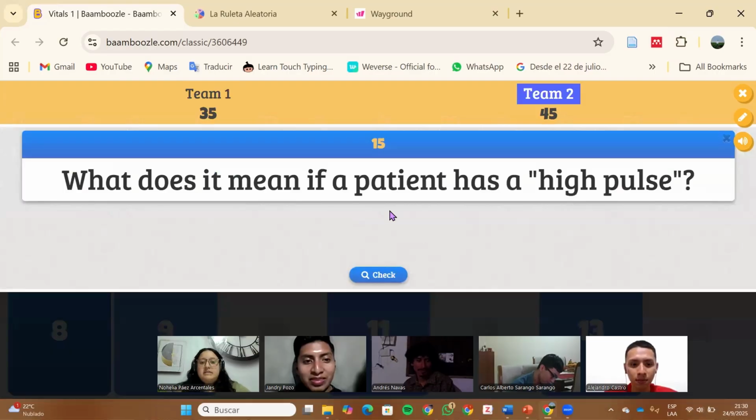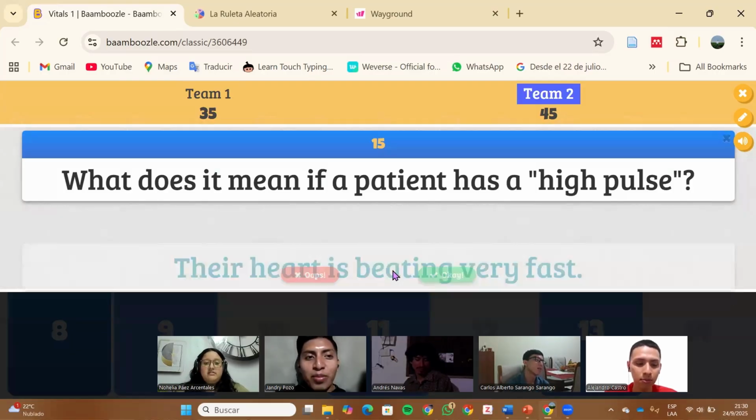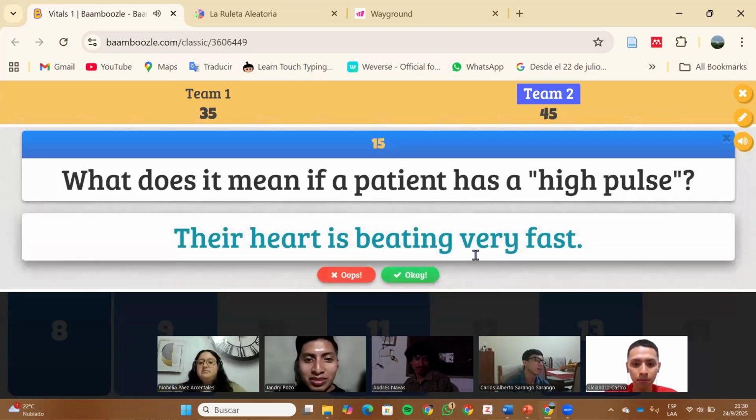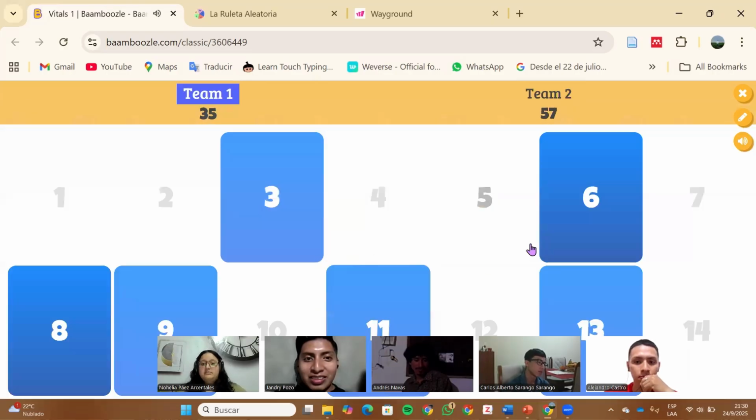What does it mean if a patient has a high pulse? For me, it means that it could be a heart problem, or they are suffering anxiety as well. So their heart is beating very fast. Yes, that is like the origin of the problem.